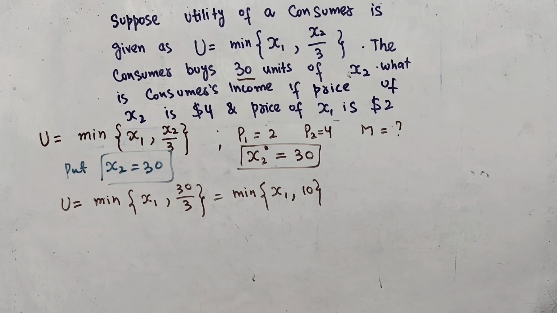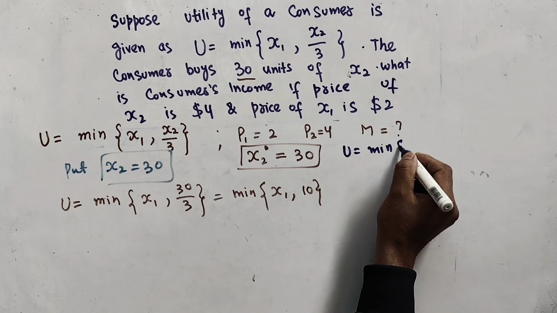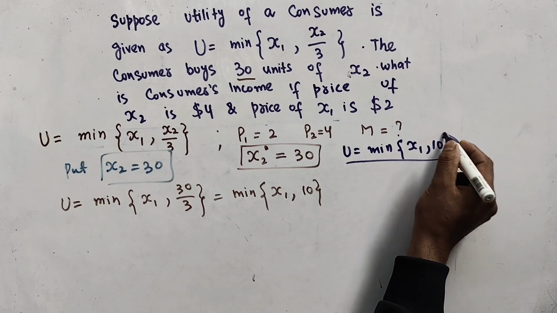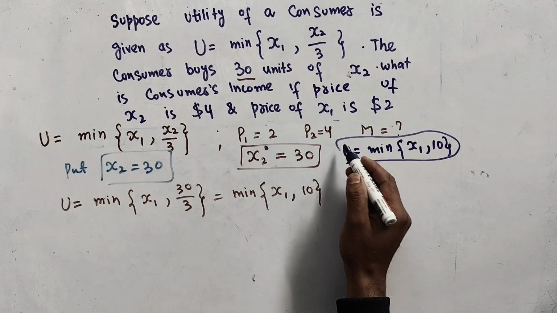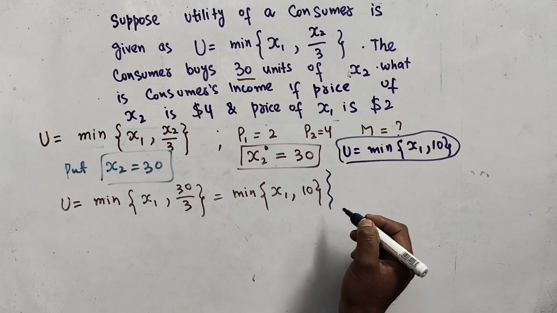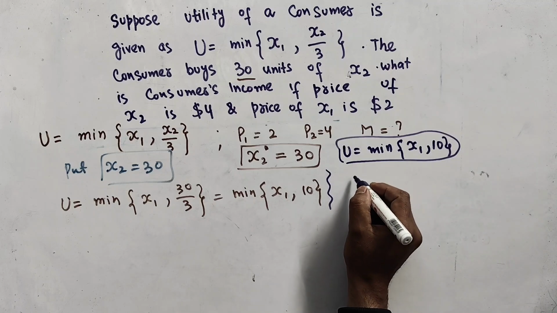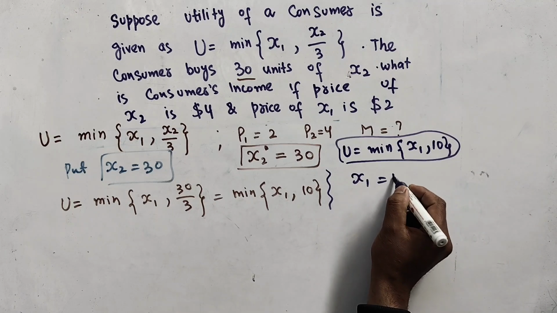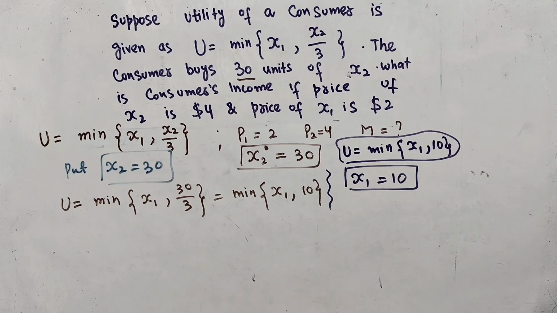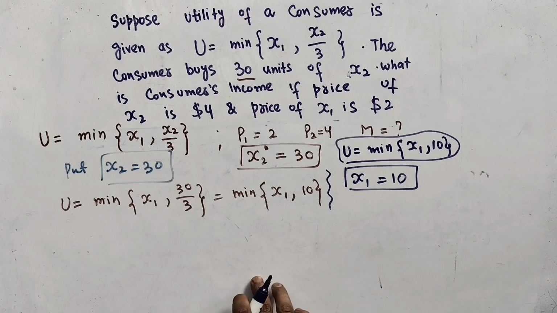So U is equal to min of x1 comma 10. So how do we find the equilibrium level of x1 for this consumer? When we have the min function, we equate whatever is in the parenthesis. That means x1 will be equal to 10. That means the consumer will consume 10 units of good x1. Then his utility will be maximum. Let me explain it here.